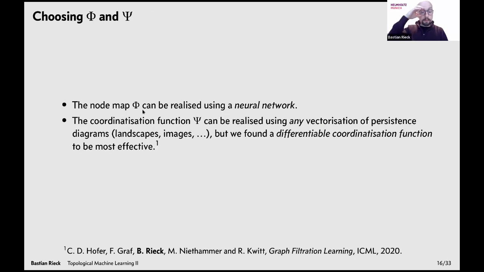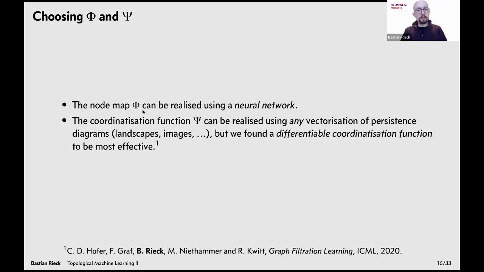So as I said, we now have to think about how to choose phi and psi. Now, this node map function, so the map that gives us a set of filtrations, can be realized using some kind of neural network. So in our case, we picked something like an MLP even, right? The coordinatization function, interestingly, psi, can be realized with the differentiable coordinatization function that I showed you before, so with the work by Chris Hofer and colleagues.